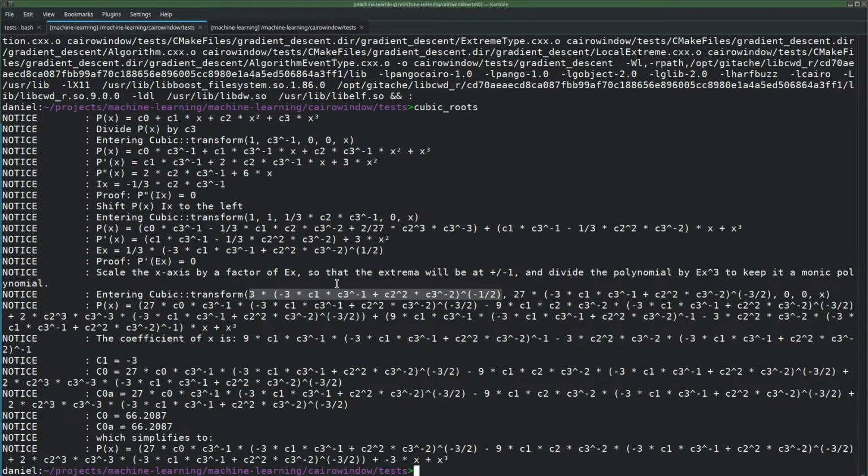Beats me, we have to divide by it or multiply with it, but let's see, you can figure that one out. It's a square root of something.